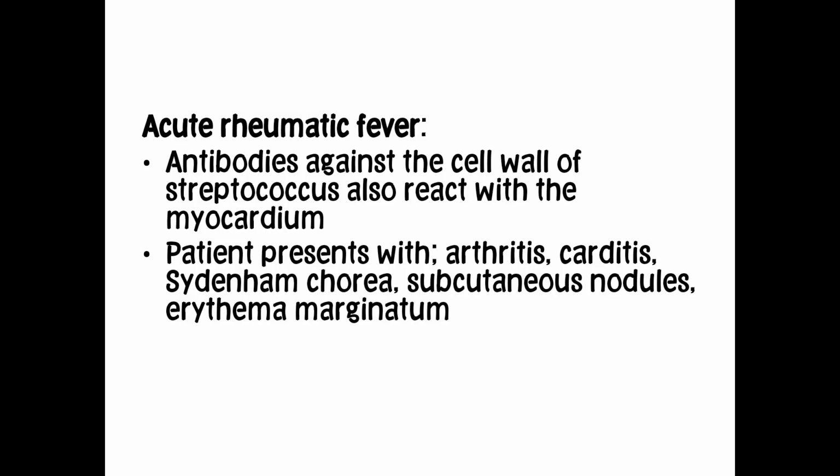So as the immune system is doing a massive destruction of the M protein containing structures, that is the streptococcus, it ends up accidentally invading and destroying target host cells, that is the myocardium and the joint structures. And clinically, the patient presents with arthritis secondary to damage of the joints, carditis secondary to damage of the myocardium, Sydenham chorea, subcutaneous nodules, and erythema marginatum.